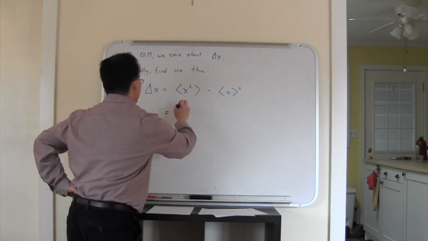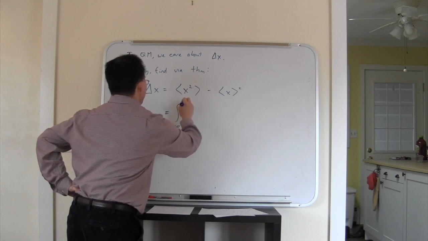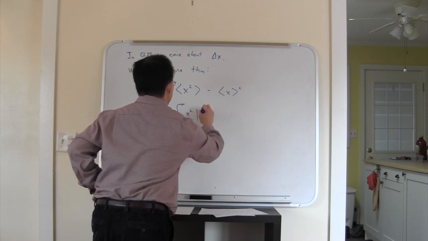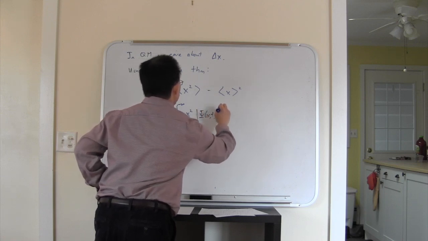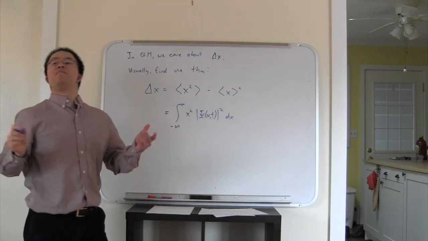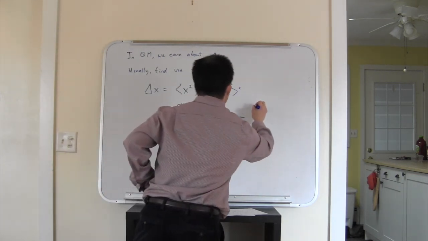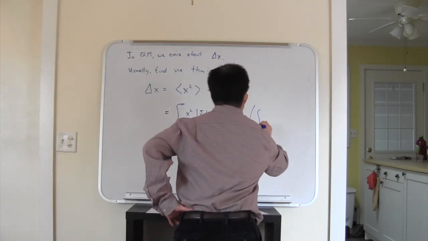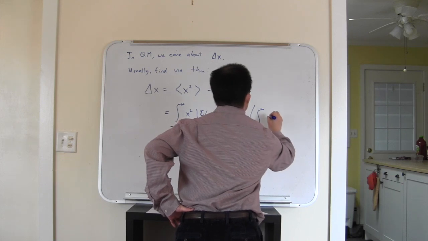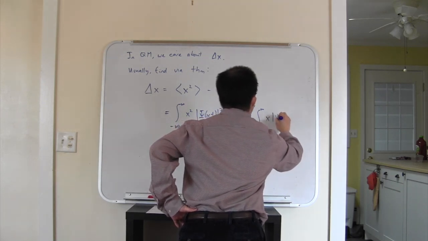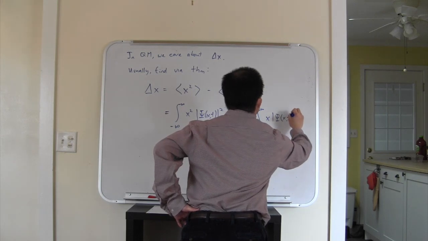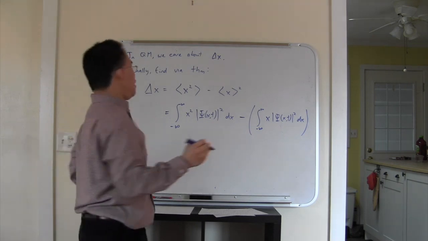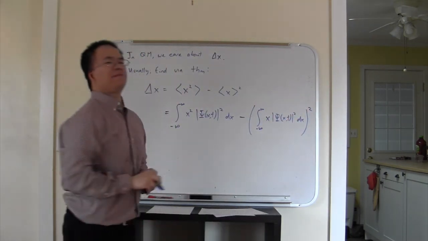So this is going to be the integral of x squared times our probability density, psi of x, t modulus squared, minus the average value of x, which you already know how to find. That's the integral of x times our probability density, and I need to square the entire thing.